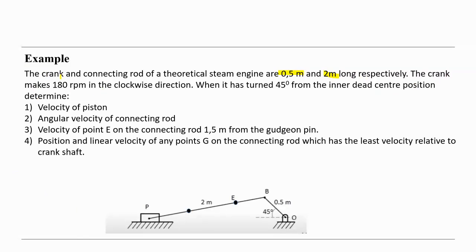The crank makes 180 RPM in the clockwise direction, so that we can calculate the angular velocity. When it has turned 45 degrees from the inner dead center position, determine the velocity of the piston, the angular velocity, and so on.